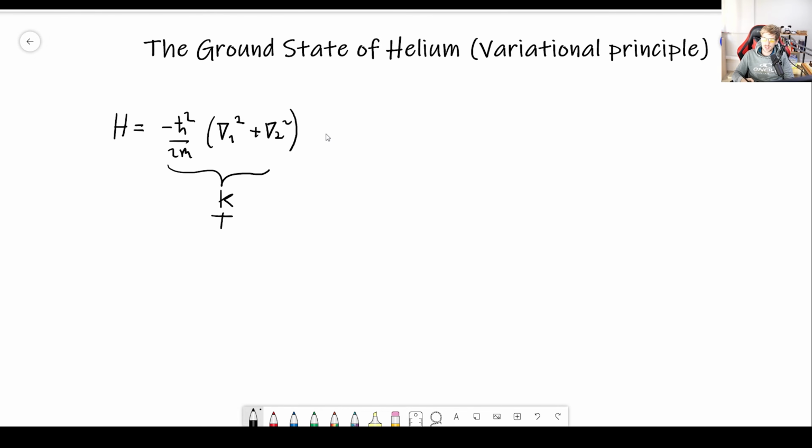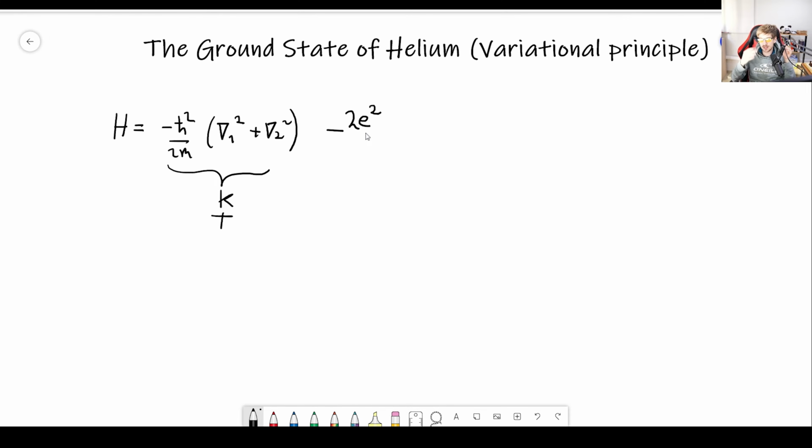So let's begin with the interactions between the electrons and the protons. So this is going to be minus e squared. We have both of the electrons with charge e, but then the nucleus has 2e. So unlike in hydrogen, we are going to have a 2 here because the nucleus has a charge of 2.